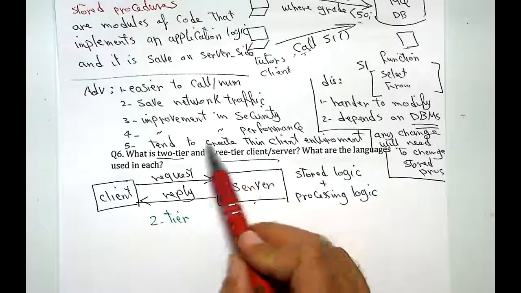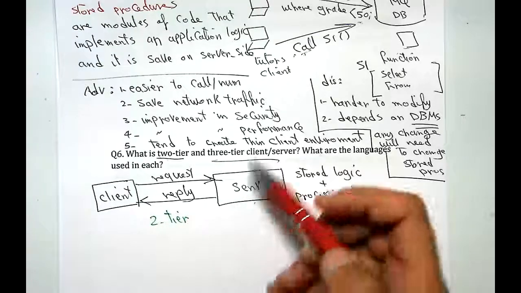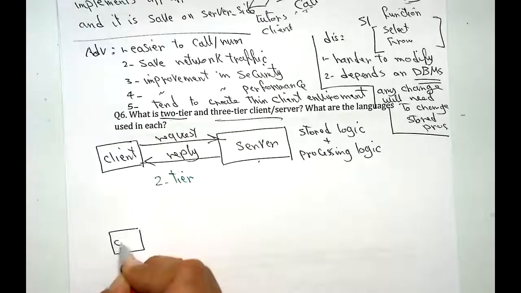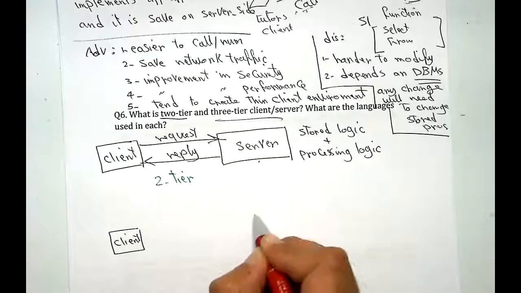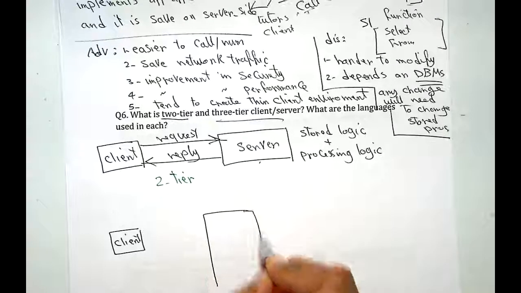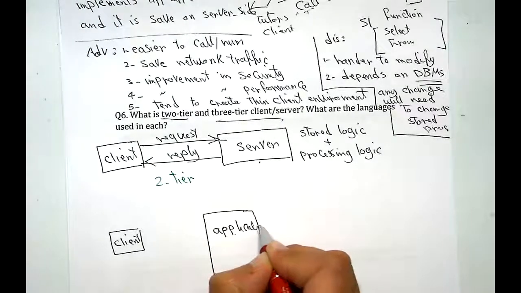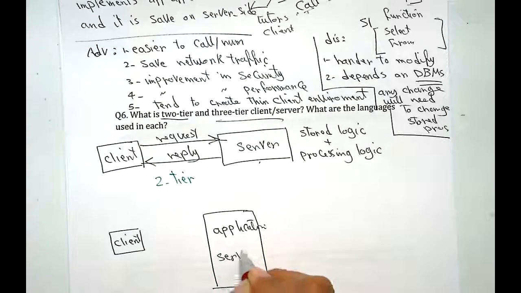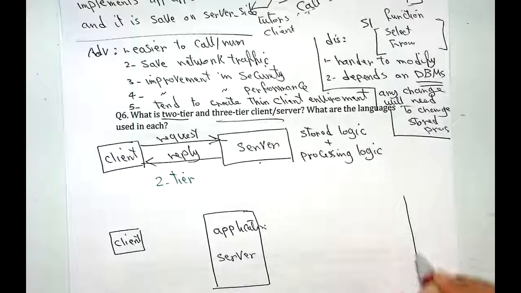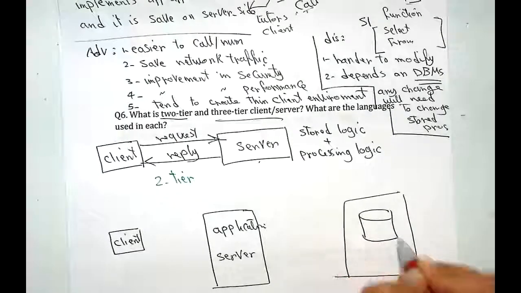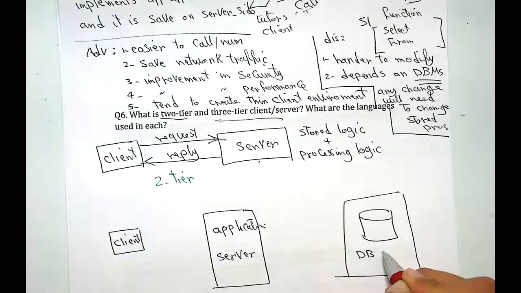What about 3-tier architecture or 3-tier client-server? We will have the client. We will have a server called the application server, and we will have another server with the database called the DB server.